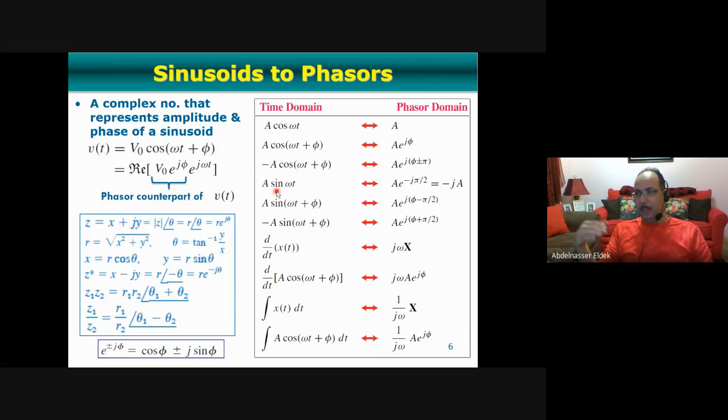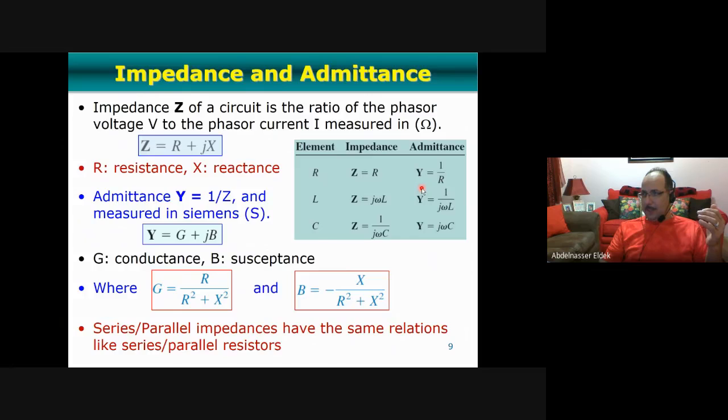So the amplitude is A, the angle is negative pi over 2. This, of course, is if you want to convert it from sine to cosine. If you have multiple sources, one is sine, one is cosine, then you need to make them consistent. You need to use either sine or cosine, so that at the end, you will get them in the same format. Let me just explain this.